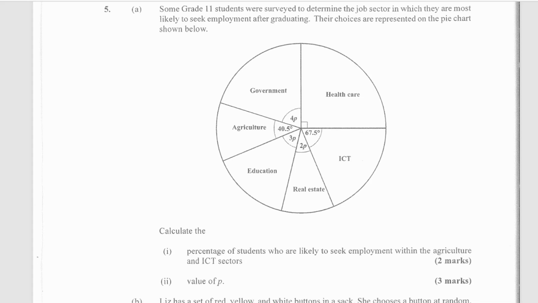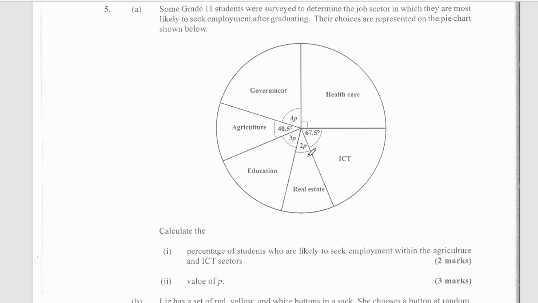Right, so quick recap on a pie chart. We all should know by now that on a pie chart, the total angle in a circle is 360. So the entire circle in here must add up to 360. Anytime we want to find a sector angle, we take that particular sector over the total and multiply by 360.